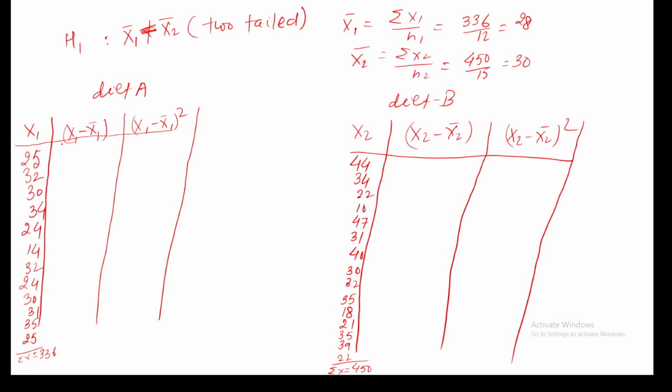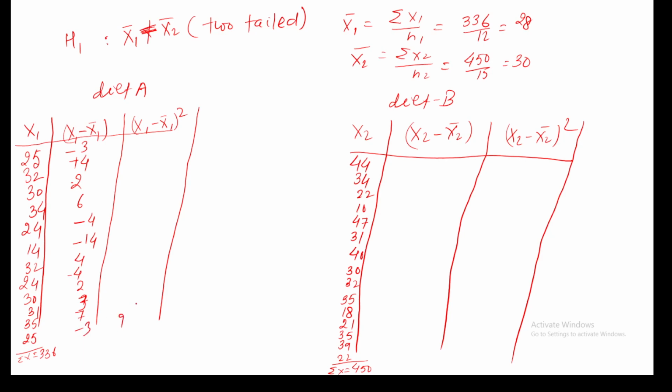Then we'll start with this one. -3, 4, not -4, it will be +4. 2, 6, -4, -14, 4, -4, 2, 7, 7, -3.